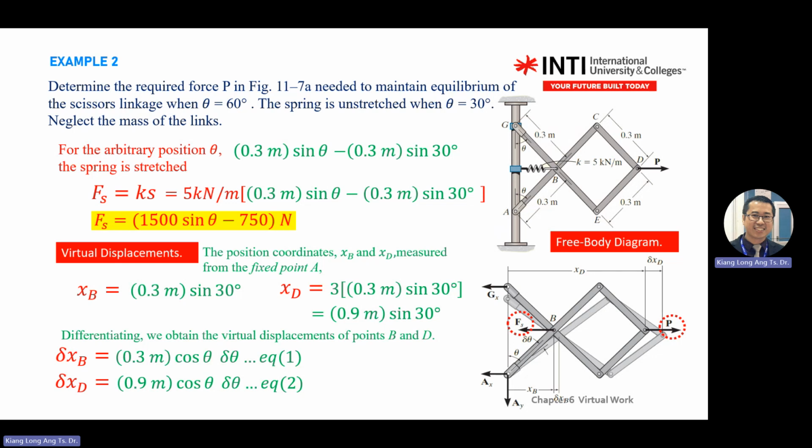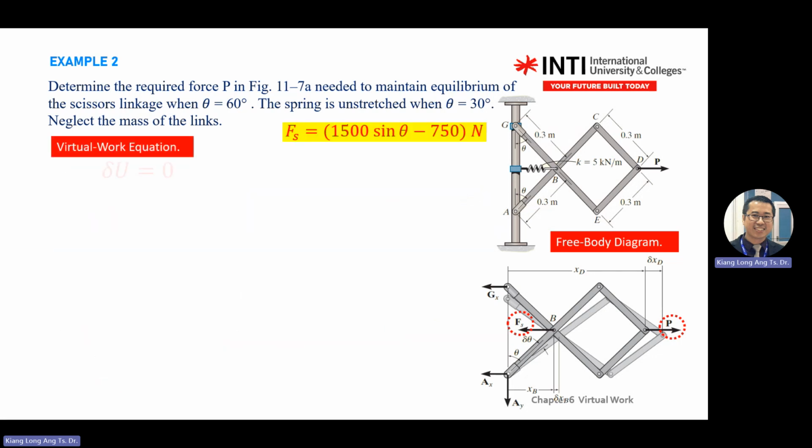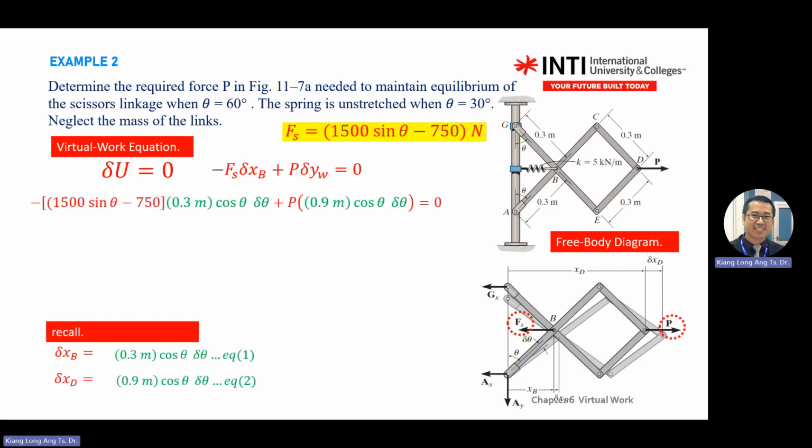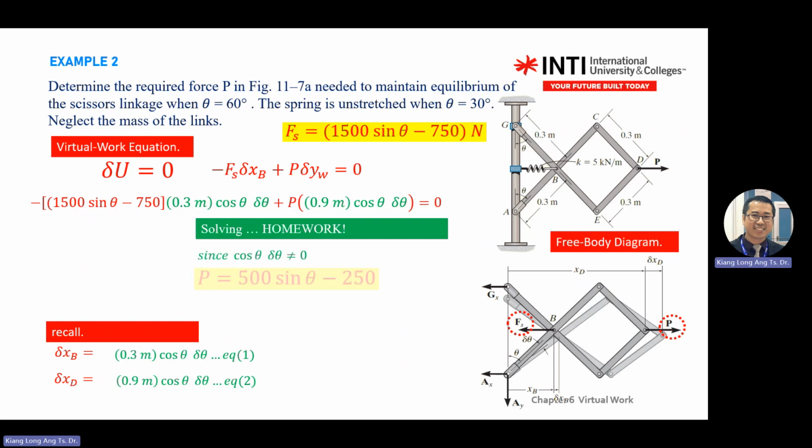Then you solve virtual work. Virtual work is force P moved by this distance, plus the spring moved by this distance, equals 0. Substitute the equation and you get P in terms of theta.